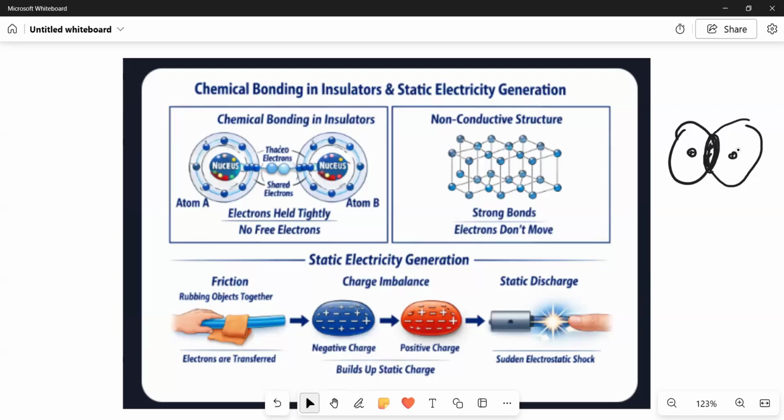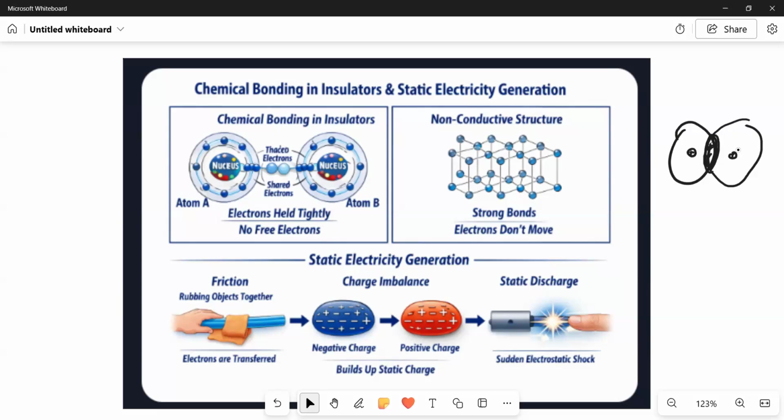Notice I said not easily given up. It's not impossible to move them around, but it's very difficult to do so. So that is what makes an insulator an insulator. In the case of insulating materials, there aren't too many free electrons to flow around the material.